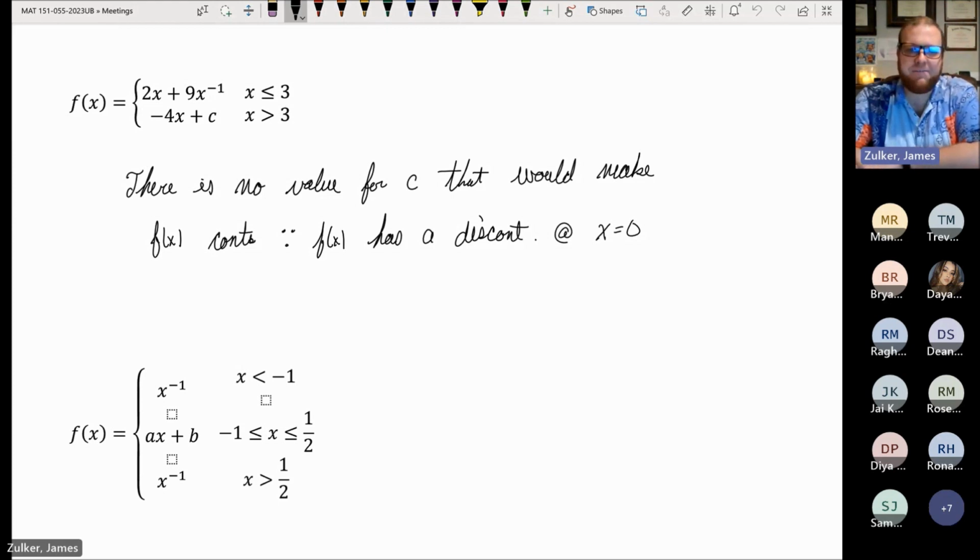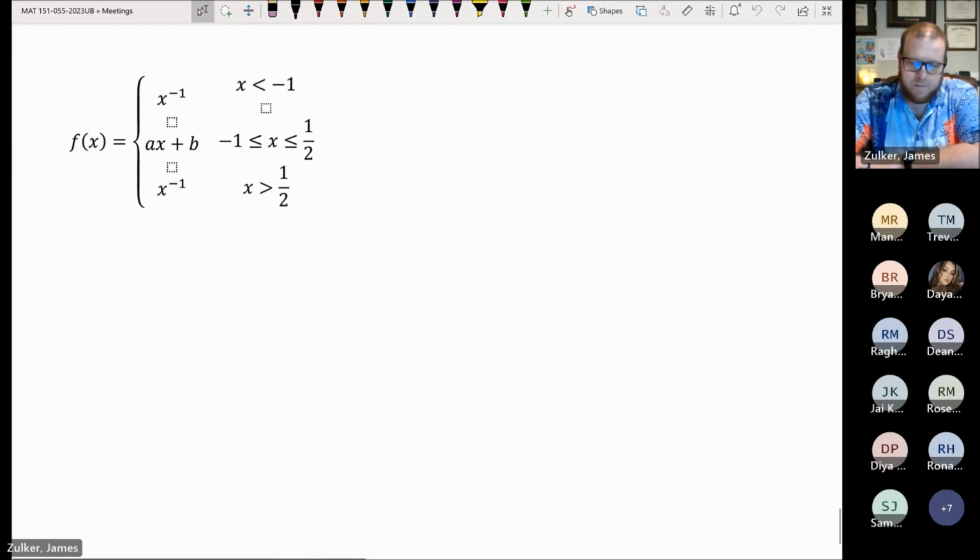Now here we have two constants that we have to find. Well, all three pieces do wind up being continuous over their domains, right? X inverse has a discontinuity at 0, but notice that neither of those two pieces contain 0. So perfect.